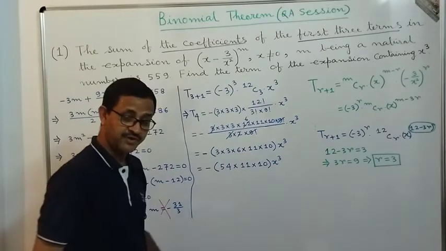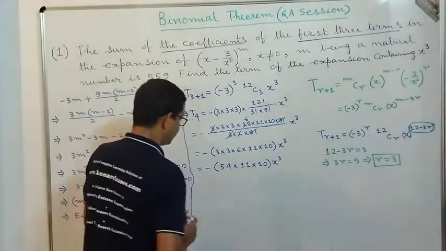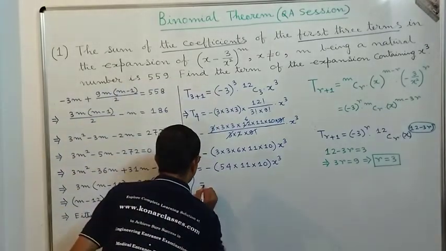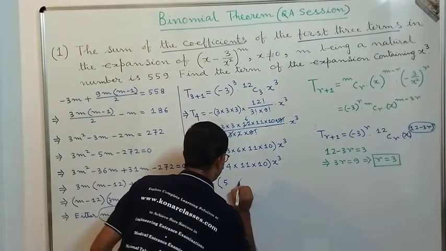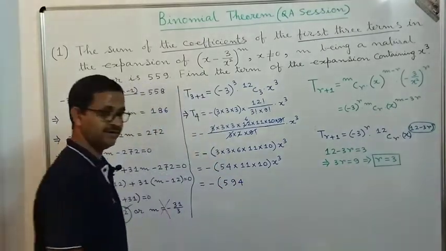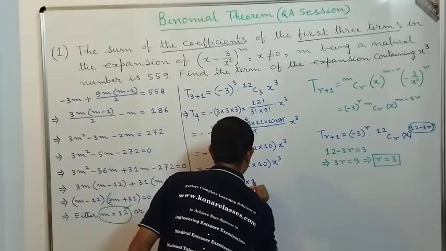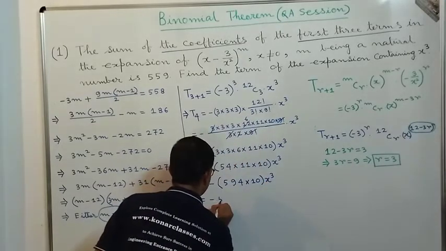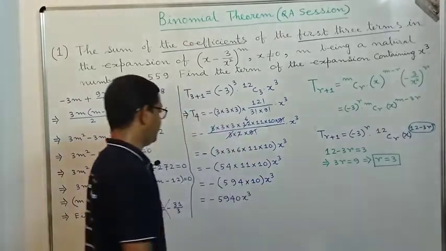Now let me give you a quick technique to compute 54 into 11. You write 5 and 4 in the two extreme parts, add 5 and 4 and put it in the middle. So 54 into 11 is 594, into 10, x cube. So that is equal to minus 5940 into x cube, and that is the desired answer.